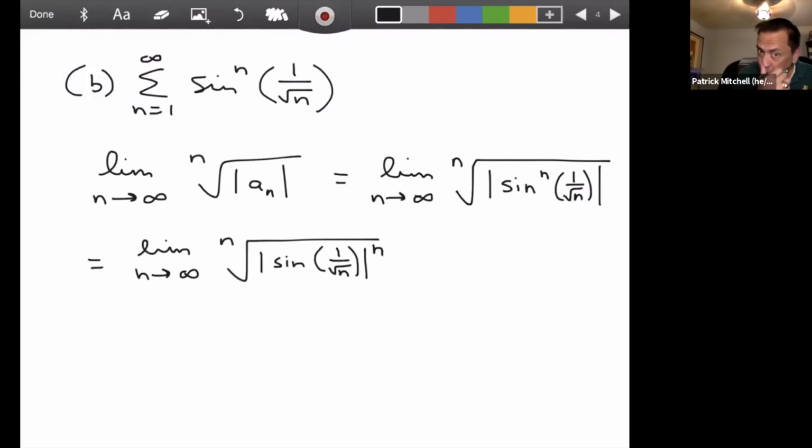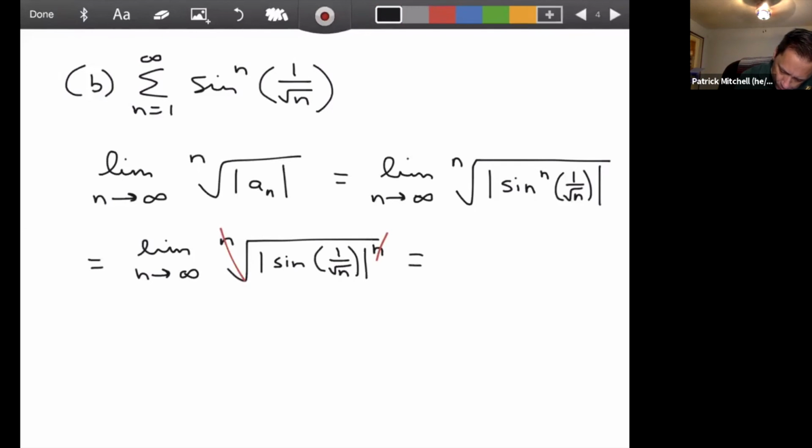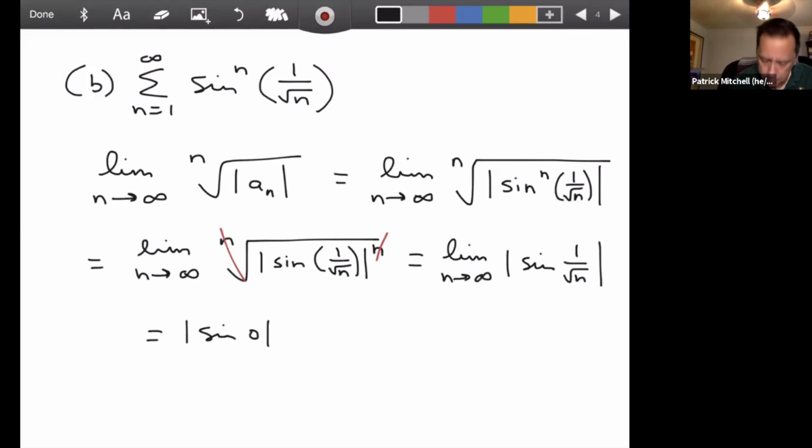But that's what's going to allow us to get rid of our nth power and our nth root. So we're left with the limit as n increases without bound of the absolute value of sine of 1 over the square root of n. As n increases without bound, 1 over the square root of n approaches 0. So this limit is equal to the absolute value of sine 0, which is 0. And that is again less than 1.